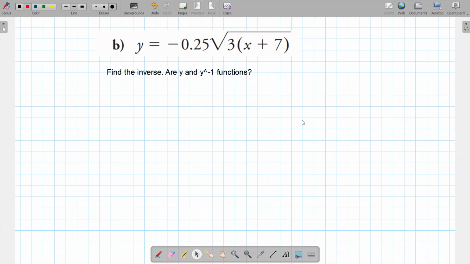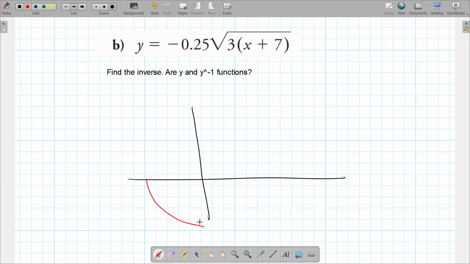You remember inverses? What's an inverse? How would you describe an inverse function? Yeah, perfect. When the x and y values are switched. Graphically, we know that this function is going to look like this.